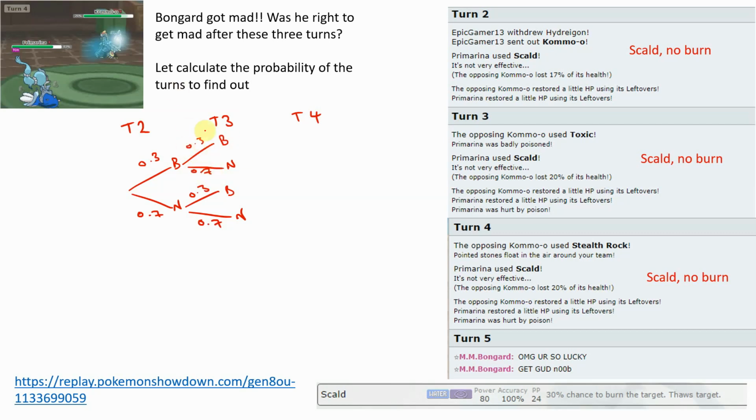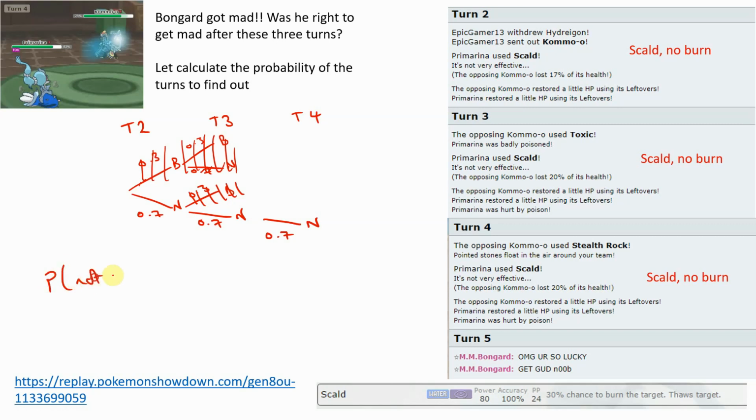Did I need to draw this top half of the tree diagram? Well, in the probability of this I never burned. So actually, if I burn on the first move, this is not the sequence of events I'm trying to calculate. And if I burn here, anything after that, I will have got a burn, so it's not the sequence of events I want. I just want the sequence of events that says not, not, not.